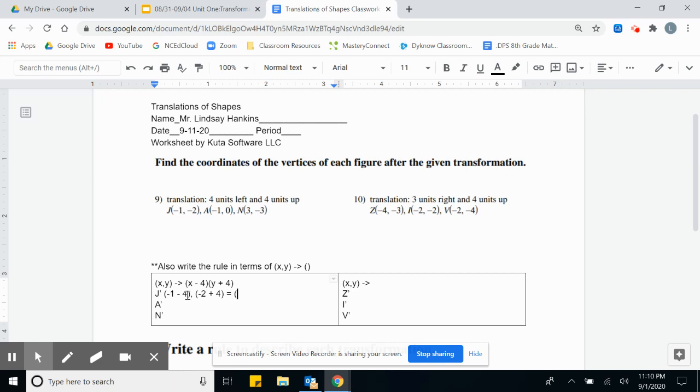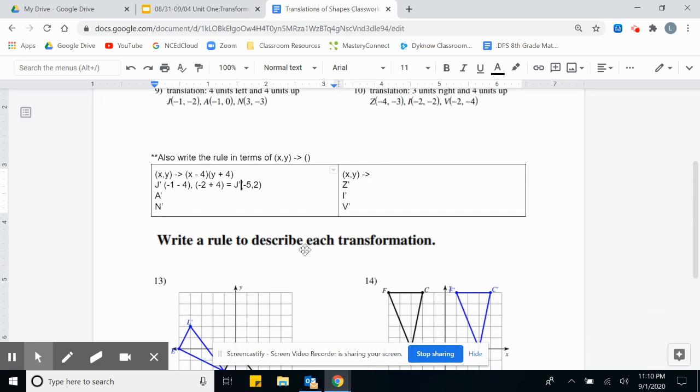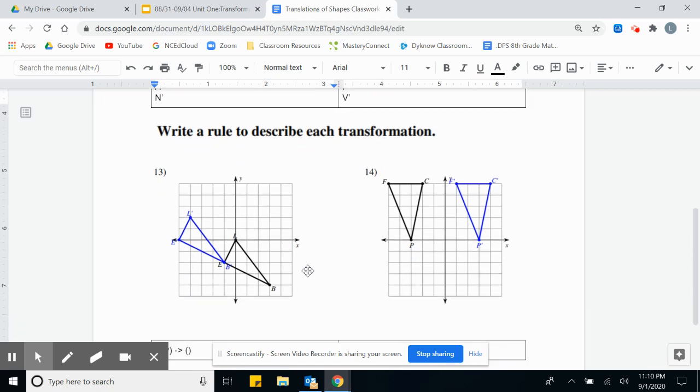So when you come up with the prime notation for J, you now have -1 -4 gives you -5. -2 + 4 gives you 2. The prime notation for J is this. We're going to skip down and then come back to it. You'll be able to see the rest of how you do it in the answer guide that follows.